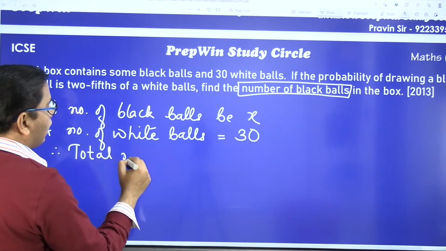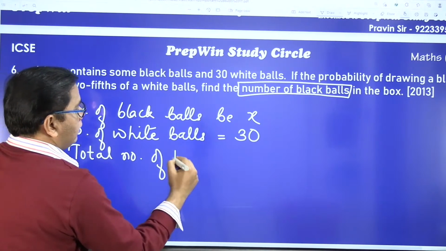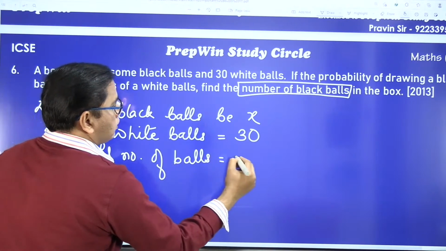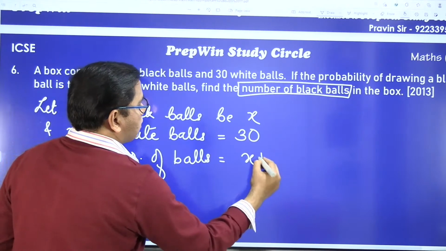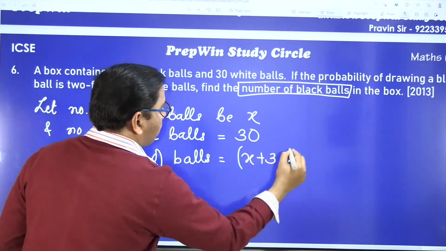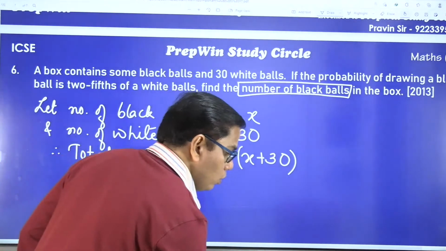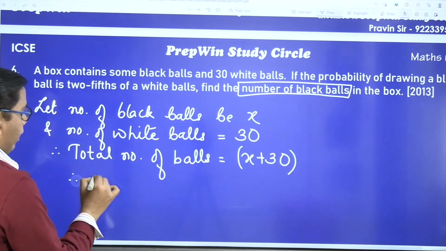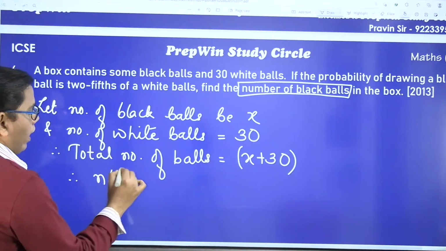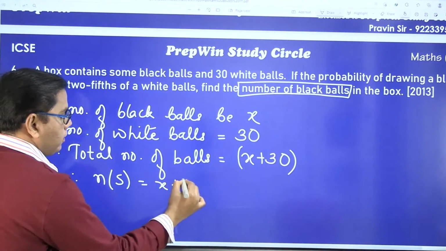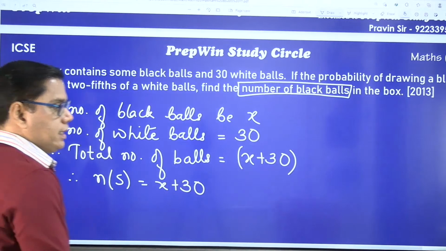So the total number of balls is how much? Is it X plus 30? Right? No doubt. Therefore, can I say n(S) is equal to X plus 30?